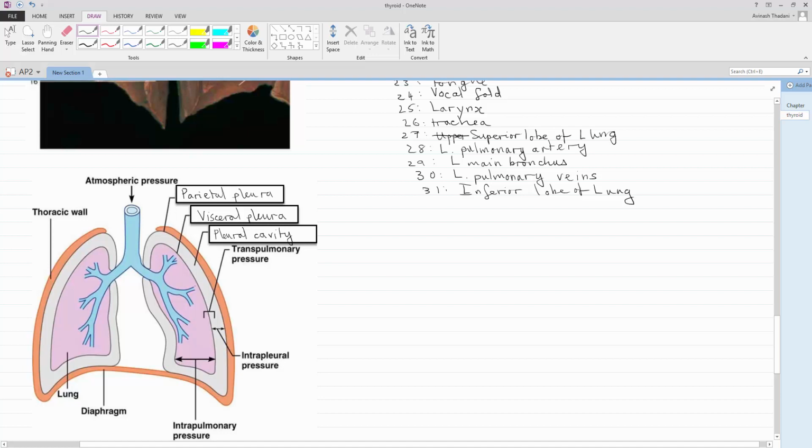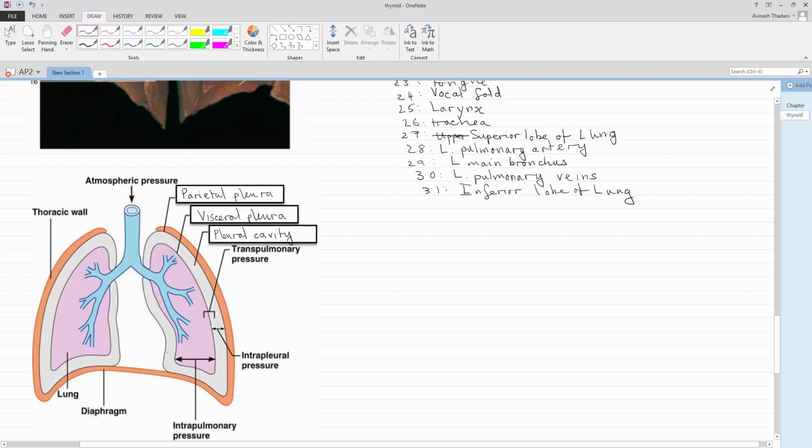And so now we have to talk about the pressures. The pressure in the lungs is the intrapulmonary pressure, which in between inspiration and expiration should equal atmospheric pressure. All this is physiology, which I'm not going to cover over here. We did this separately. But remember, air comes in when, during inhalation, the diaphragm drops.